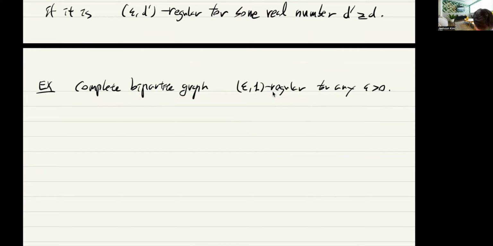And this is a very useful concept. So epsilon regularity is very useful. Why? There are two reasons.